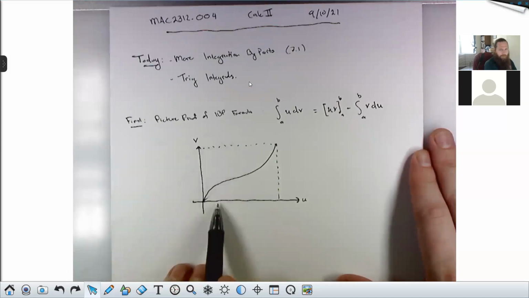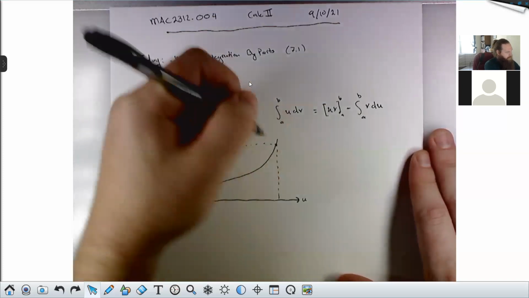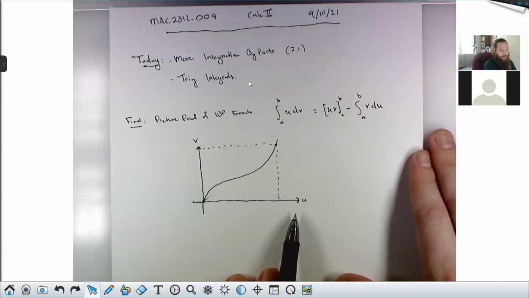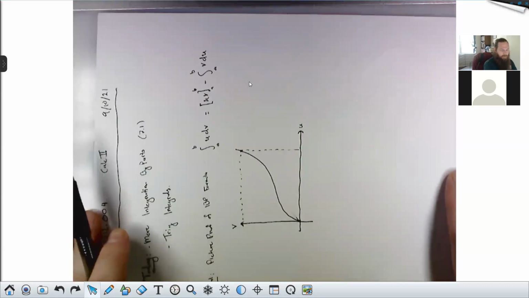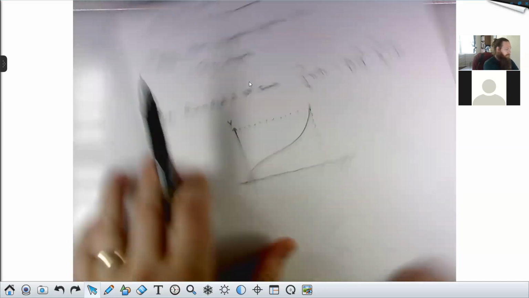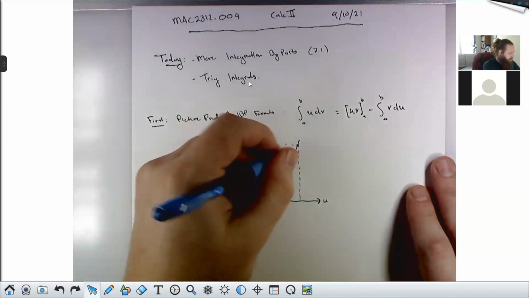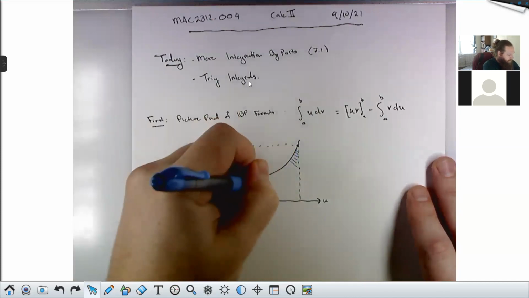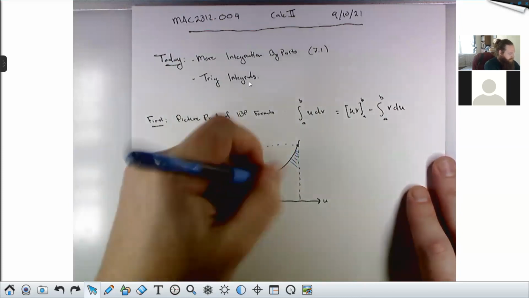If I'm thinking of this curve as it's drawn here, as we're looking at it here, then v is a function of u. And if I'm thinking of things like this, then u is a function of v. The area in here would be the integral of v du.